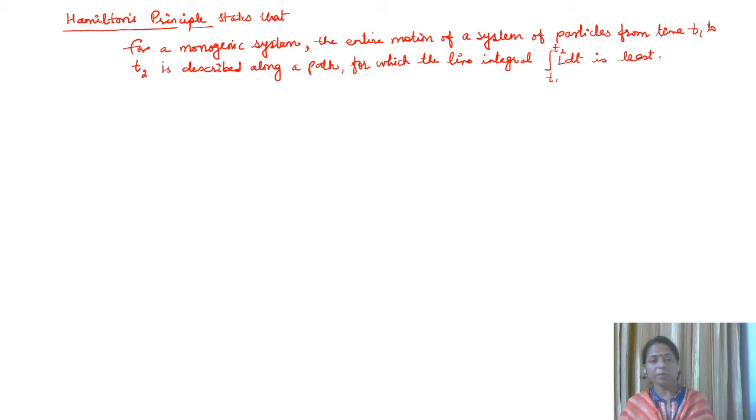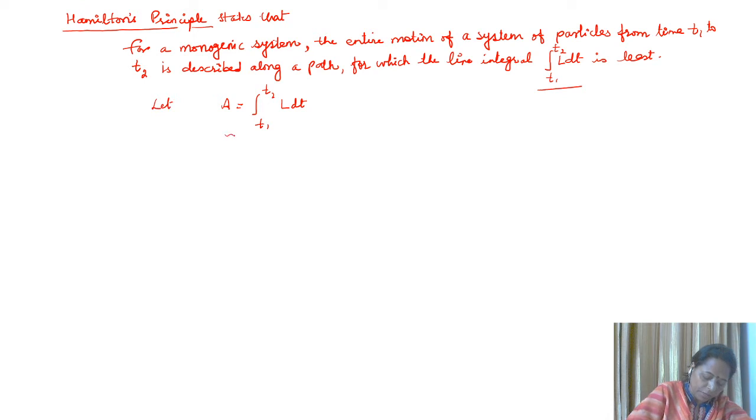So in this Hamilton's principle, this is your line integral. Suppose I say that this be A. Because A is defined in terms of an integral and we are talking about its least value, that means we are talking about its stationary value.